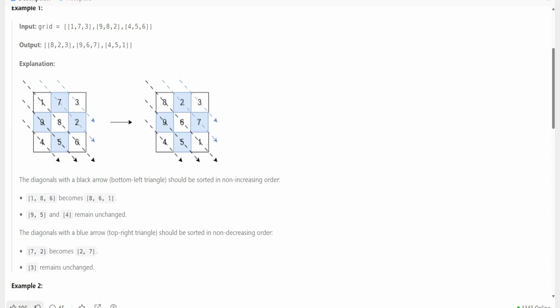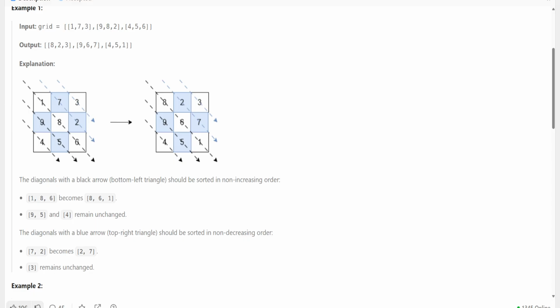If i minus j is negative, we are above the main diagonal, and we sort in ascending order. So from the main diagonal downward we sort in descending order, and above it in ascending order.